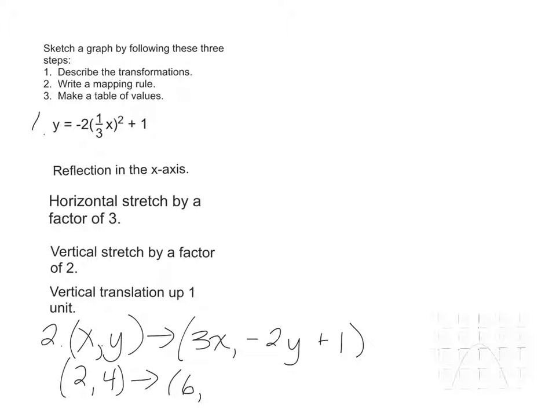And then negative 2y plus 1. So negative 2 times 4, that's negative 8 plus 1, negative 7. So 6, negative 7 should be a point on the transformed function if we did our mapping rule correctly.